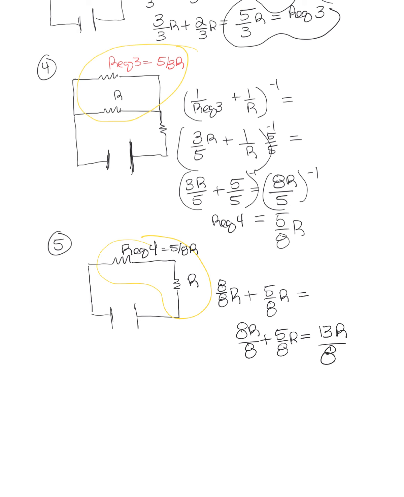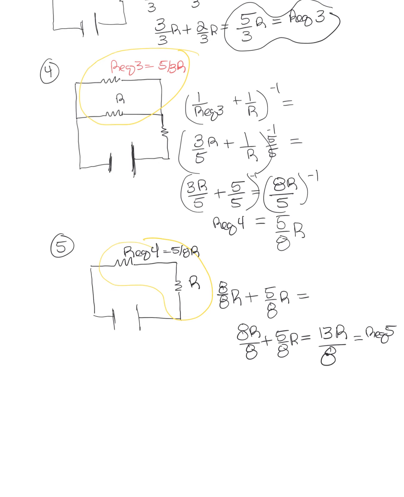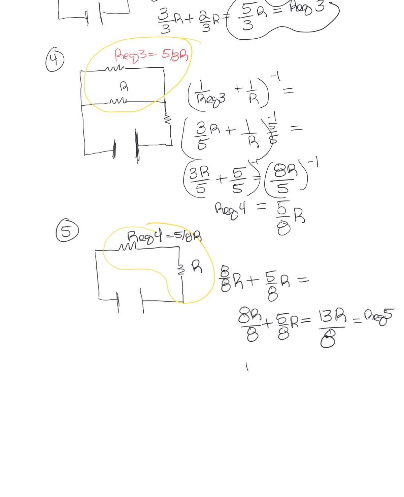And this is our equivalent resistance, 5. But because we aren't given another value for R, this is also going to be our total equivalent resistance, which you can just write as REQ.